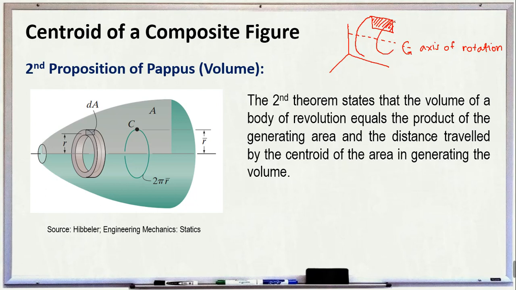So mo-generate na siya og volume kay imo na siya gipa-rotate 360. So the same thing right here. This A represents the area of this shaded region. Okay, and it also applies the principle of integration, wherein nikuha lang siya og gamay, small increment of its area, yan nag-sum up, no?